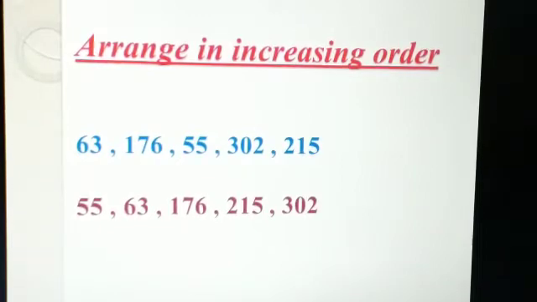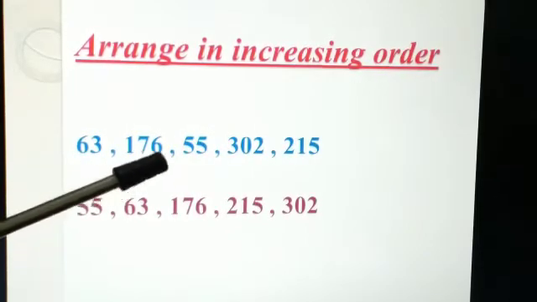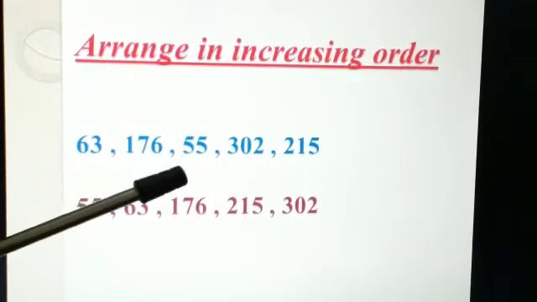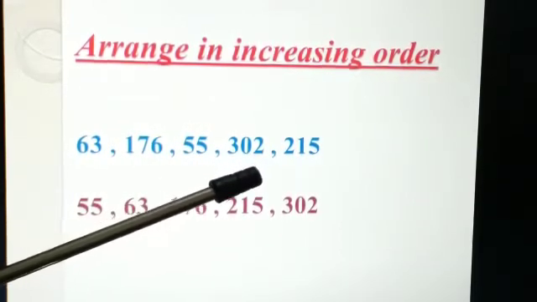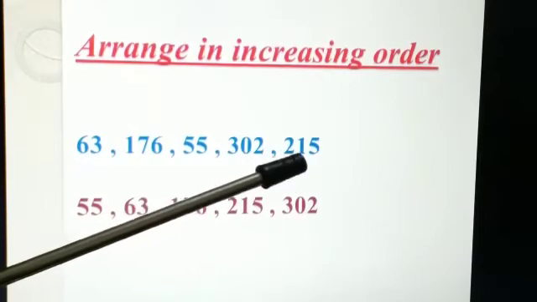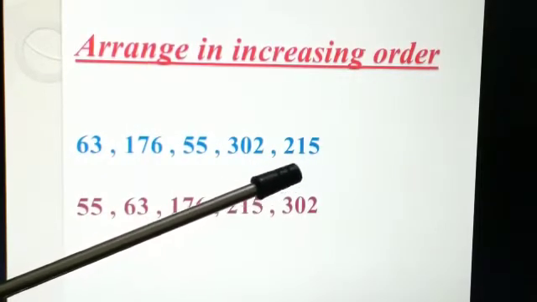In this question, 63 is a 2-digit number. In 176, I have 3 digits. 55, I have 2 digits. In 302, I have 3 digits. And in 215, I have 3 digits.